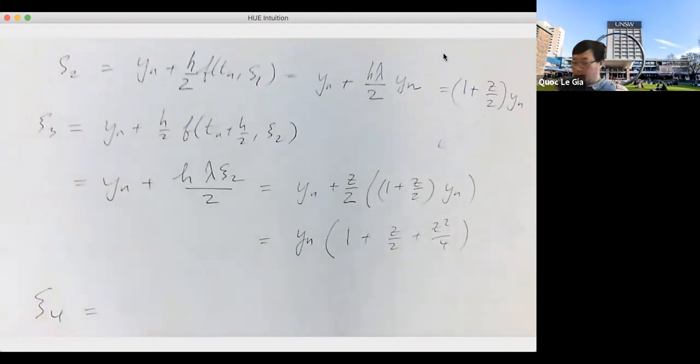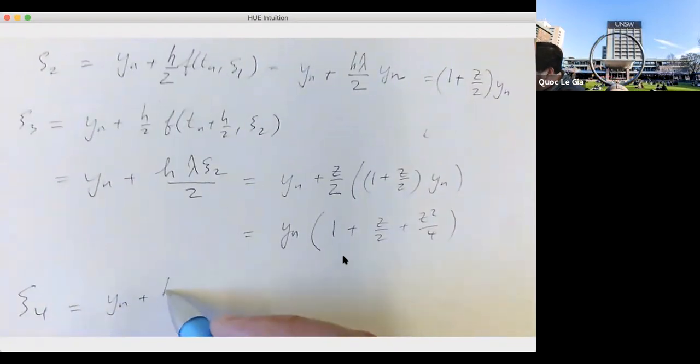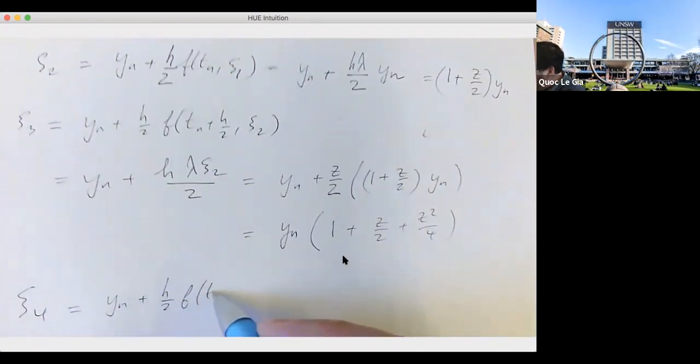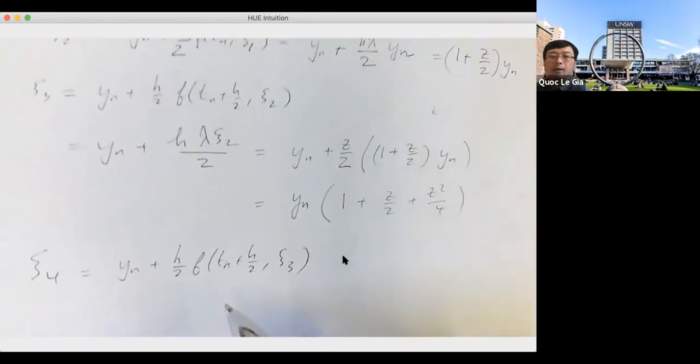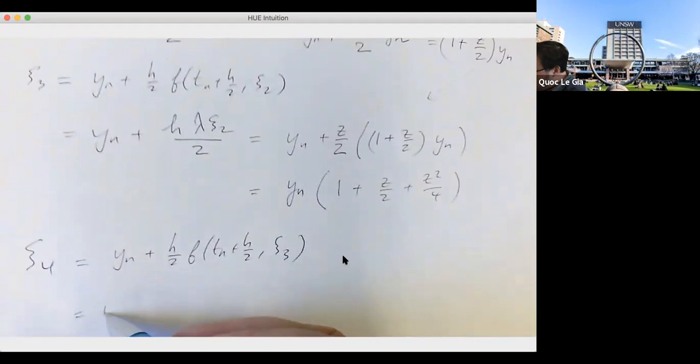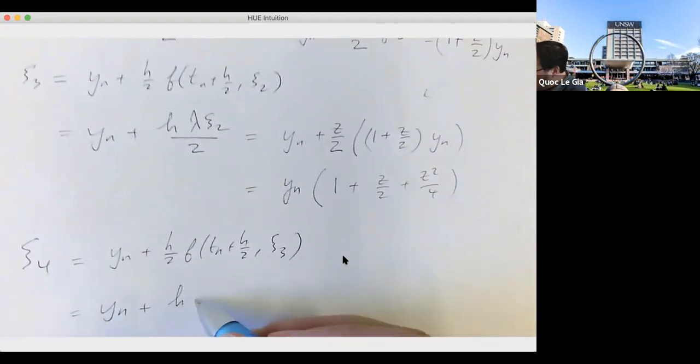Well, so we will put in xi4. So xi4 will be yn plus h over 2 f of Tn plus h over 2, xi3. Okay, and this one will be yn plus h over 2 lambda xi3.